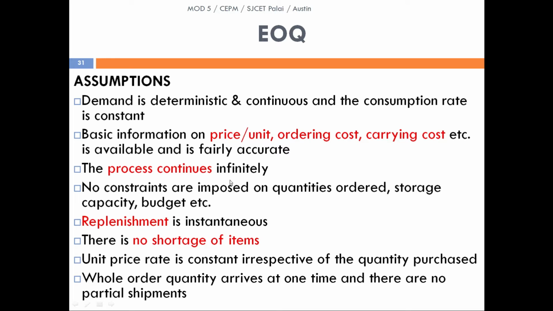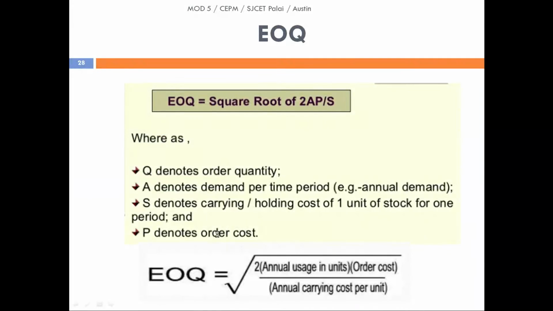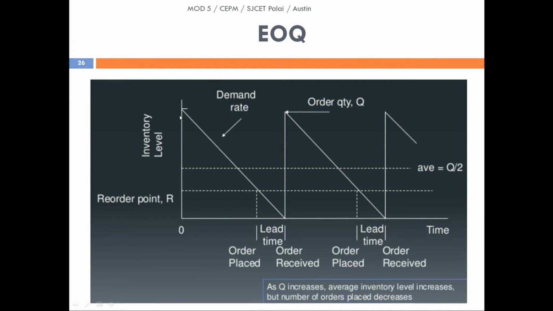The process continues infinitely, and if we see that graph from earlier, we could see that this process continues without any interruption. No constraints are imposed on quantities ordered, storage, capacity, budget, etc. Replenishment is instantaneous. There is no shortage of items. So if we see this, we could see that it is continuous and does not have any interruption.